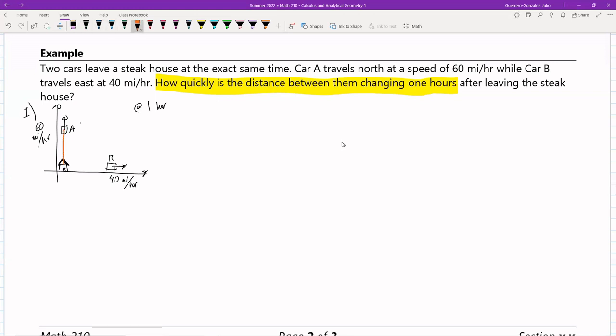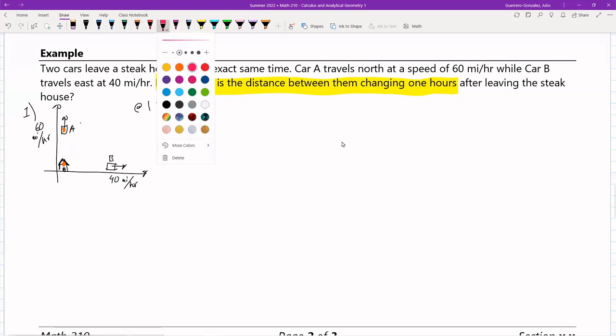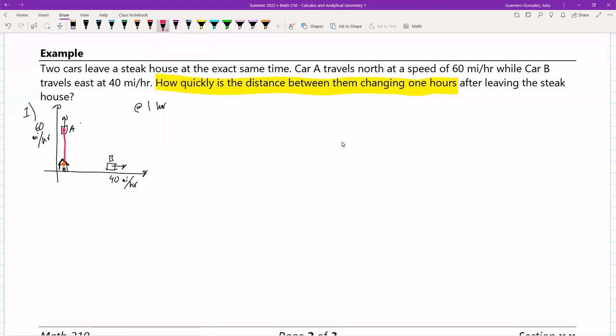That means that this distance after 1 hour is 60 miles. This distance right here is 60 miles, and this distance right here is 40 miles.